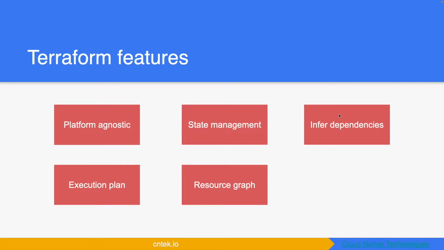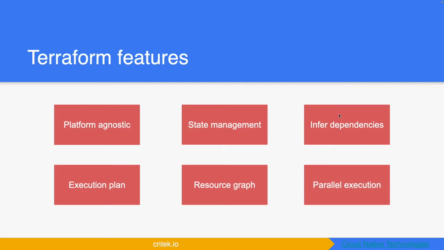Then we can also see a resource graph. The resource graph shows us dependencies in a graphical format, so we can easily understand which resource is dependent on what, and so on.